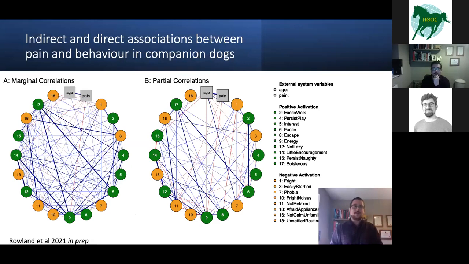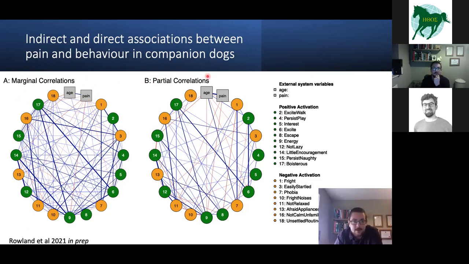If we do that, we end up with two networks here. On the left, we have the marginal correlations that are statistically different from zero. And you can see that there are lots of edges from pain going out to different nodes of both positive effect and negative effect.